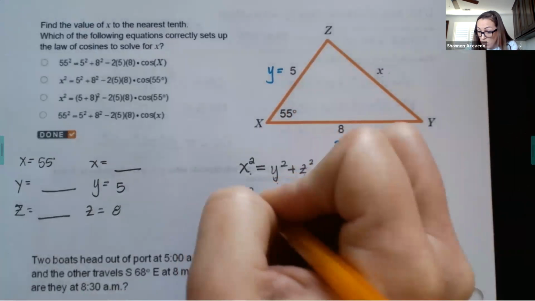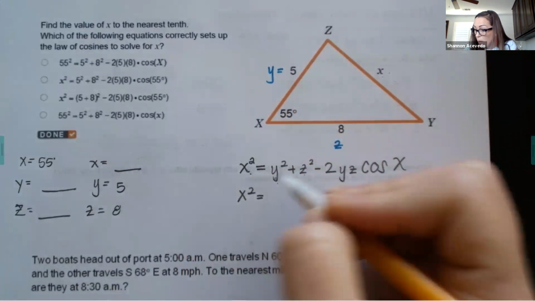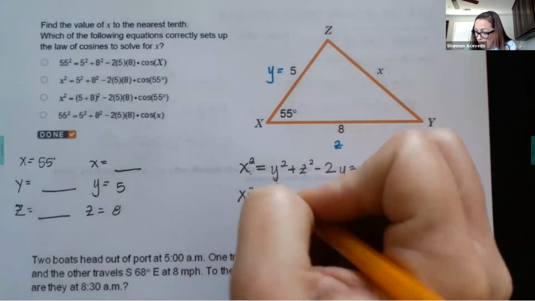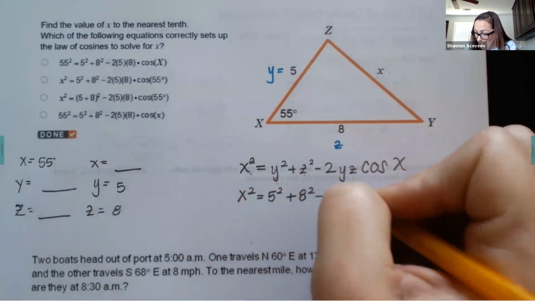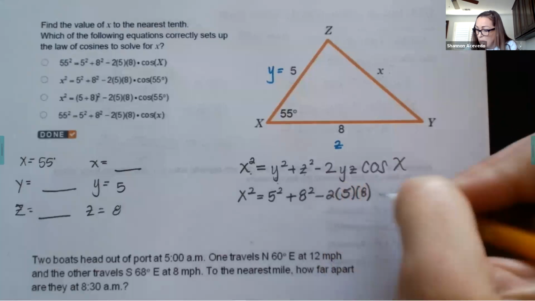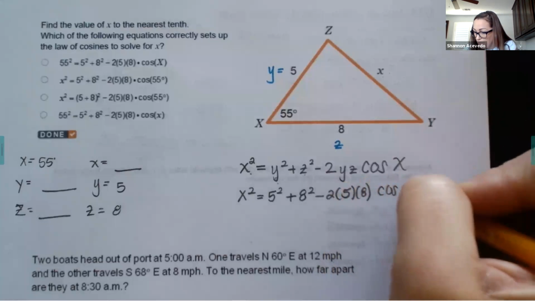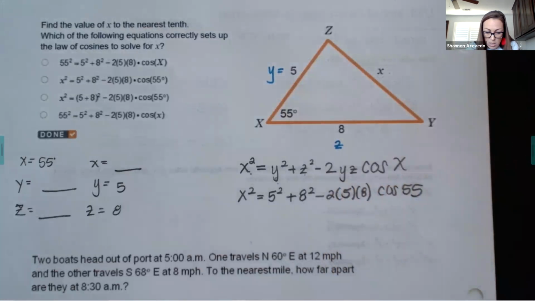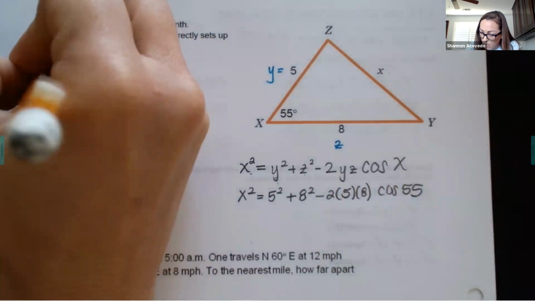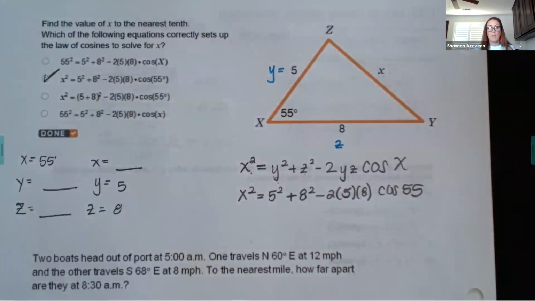I don't know my x squared, that's what I'm looking for. My y was 5, my z was 8, minus 2 times 5 times 8, and then cosine of 55. And I look up here and I see, okay, it's going to be this one right here. We're done. You don't have to solve it.